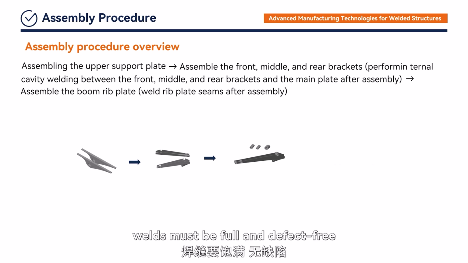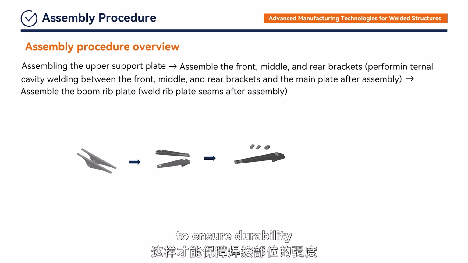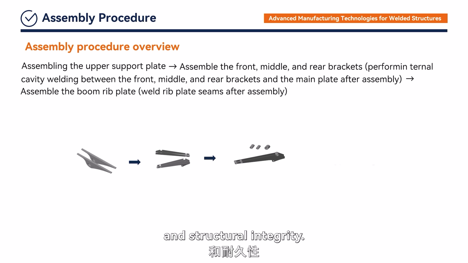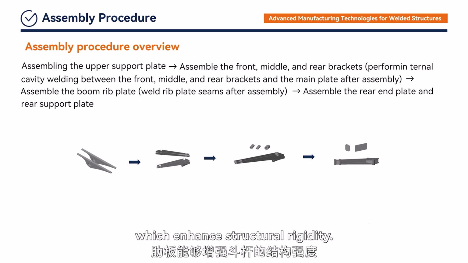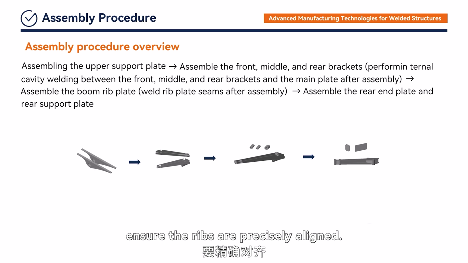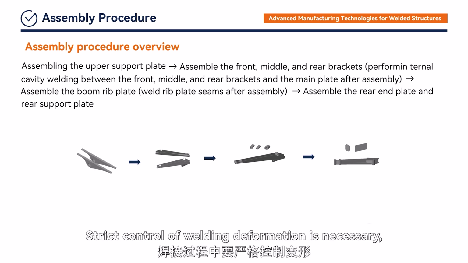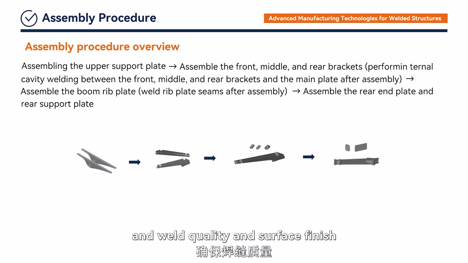Welds must be full and defect-free to ensure durability and structural integrity. The fourth step is the installation of the boom ribs, which enhance structural rigidity. During this process, ensure the ribs are precisely aligned. Strict control of welding deformation is necessary, and weld quality and surface finish must be carefully maintained.